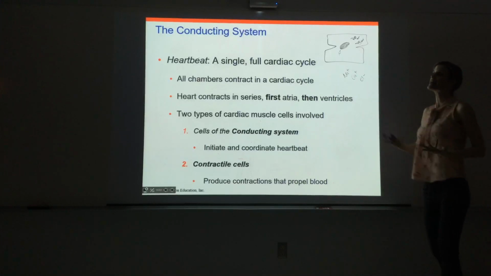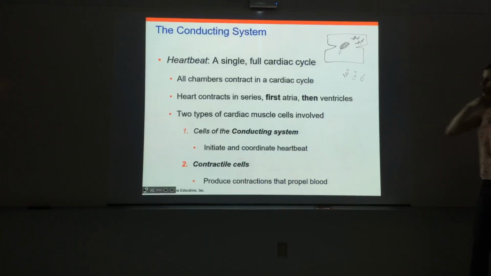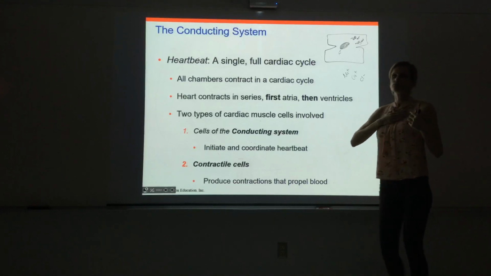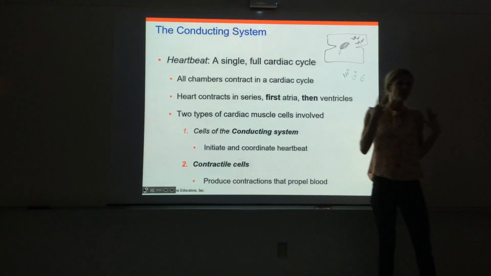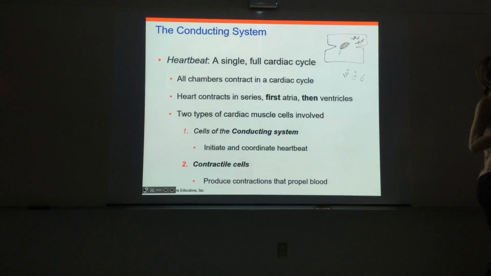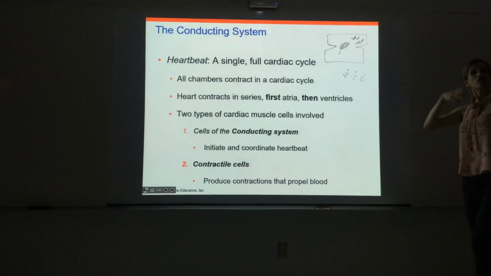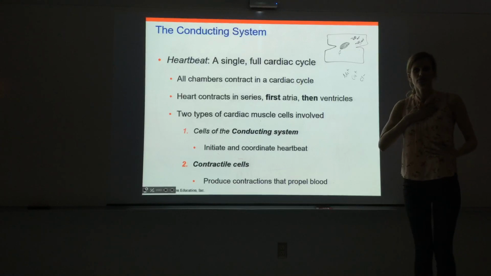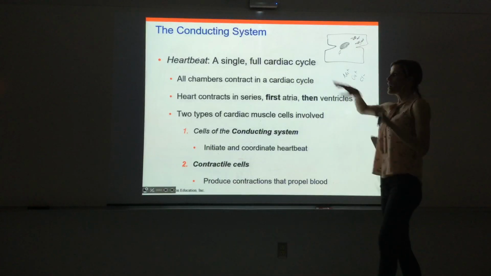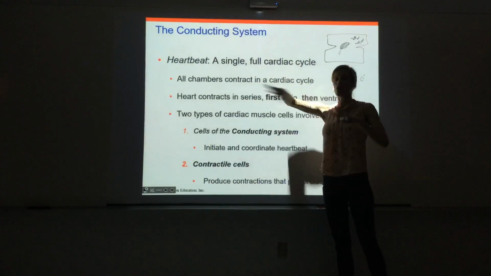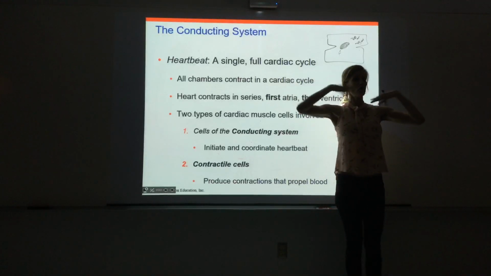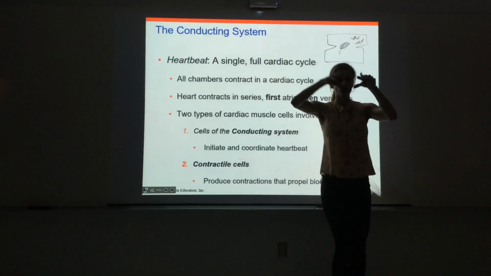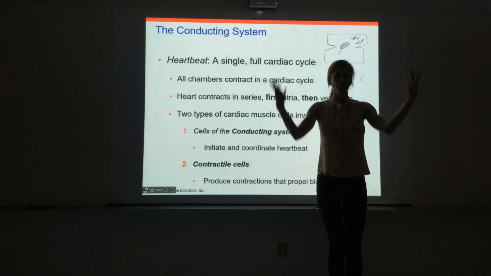We're going to talk about the conducting system or the conduction system. A heartbeat, that you can hear and feel, is one full cardiac cycle. A cardiac cycle is the two sounds. What happens during that heartbeat is all of the chambers will go through a series of contraction and relaxation.